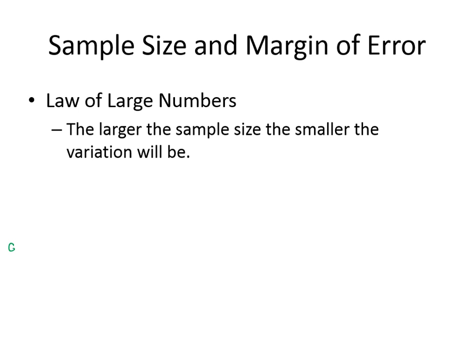And if you just take like 10 people, you could have a lot of people picking candidate A. But in the overall population, maybe most people want candidate B. And so what happens is that you get this large variation if you have a small sample.